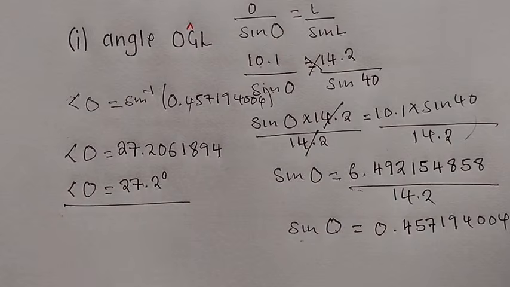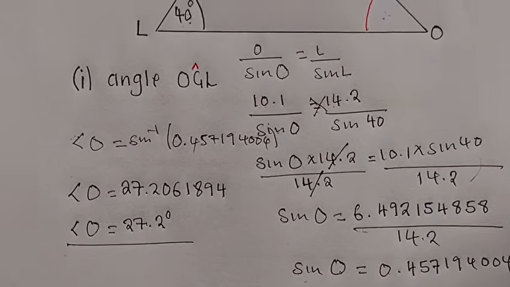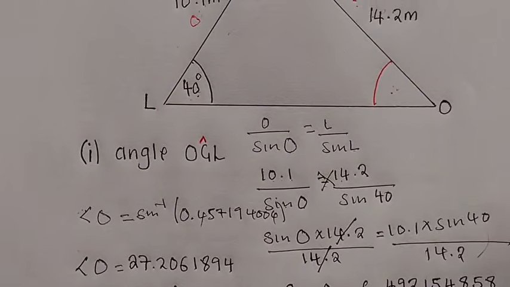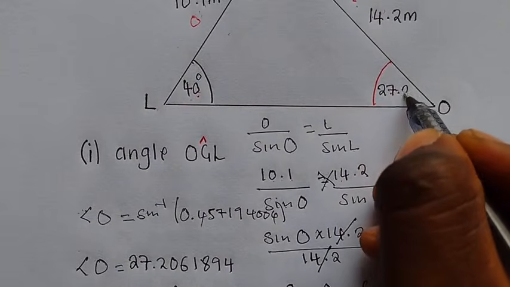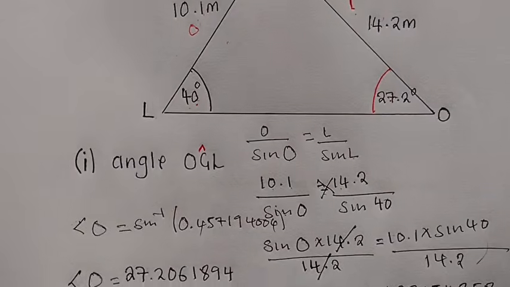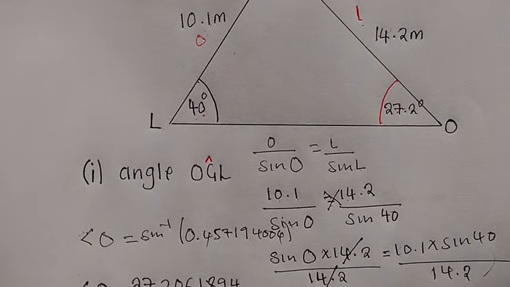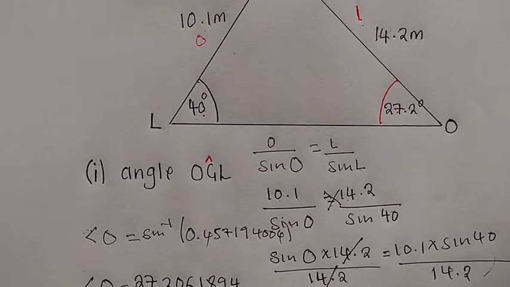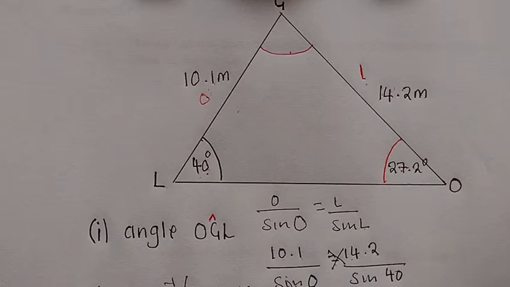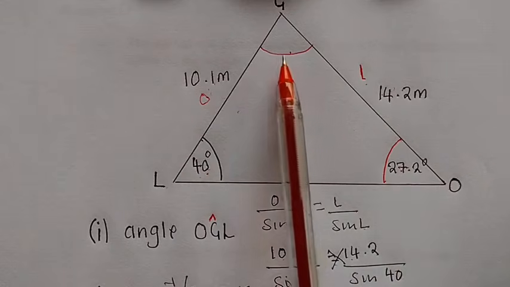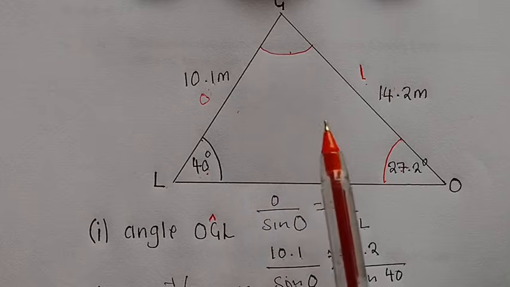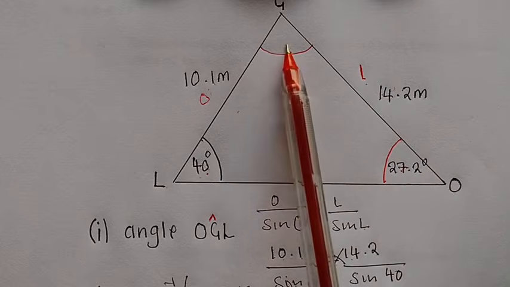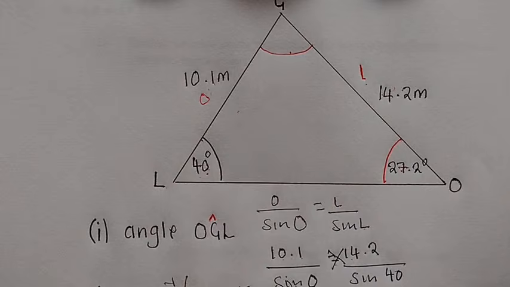So this means that right here the angle was 27.2 degrees. We can now use it to find the angle at G. Since we have an angle here, we can use it to find the angle at G. Remember, when you add this angle, this angle, and this angle, they should give us 180.